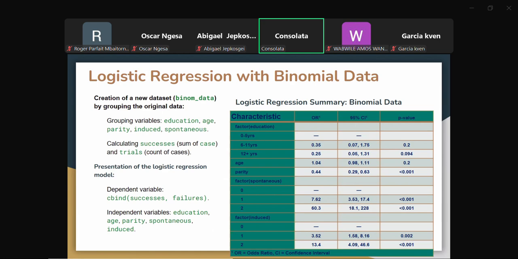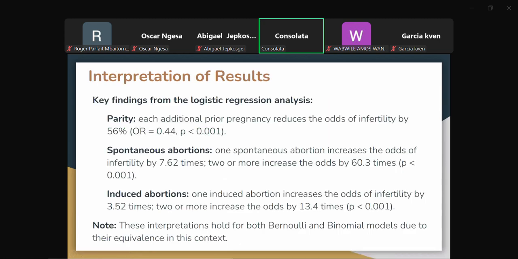And then the other one is induced, which when the factor is 1, it's 3.52, and 2 or more, 13.4, meaning that one induced abortion increases the odds of infertility by 3.52 times, and then 2 or more increases the odds by 13.4 times. So the more induced abortions you carry out, the more you are increasing your likelihood of being infertile. And as you've noticed, these interpretations hold for both Bernoulli and binomial models.